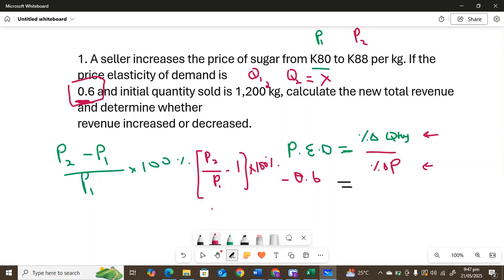So let us get the percent change. Let me also calculate the percent change here.